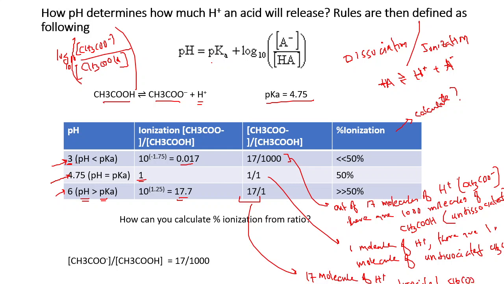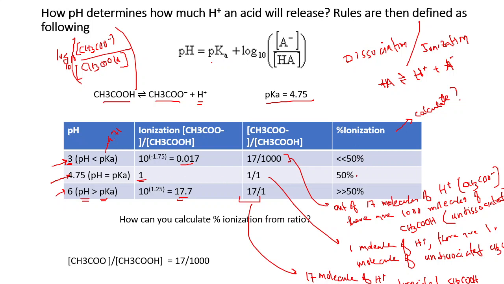You learned this earlier also, in an alkaline solution, why this is happening. When the pH is less than pK, here 4.75, so at pH 3, the ionization is not so much and is less than 50%.